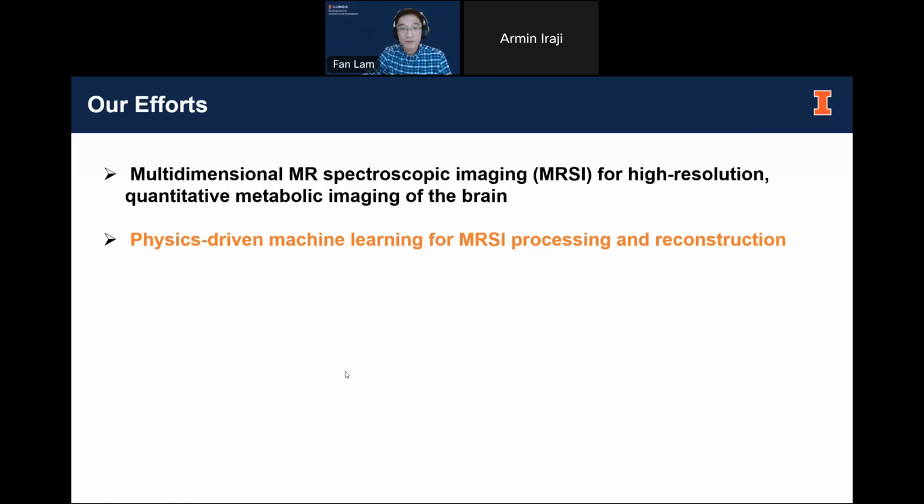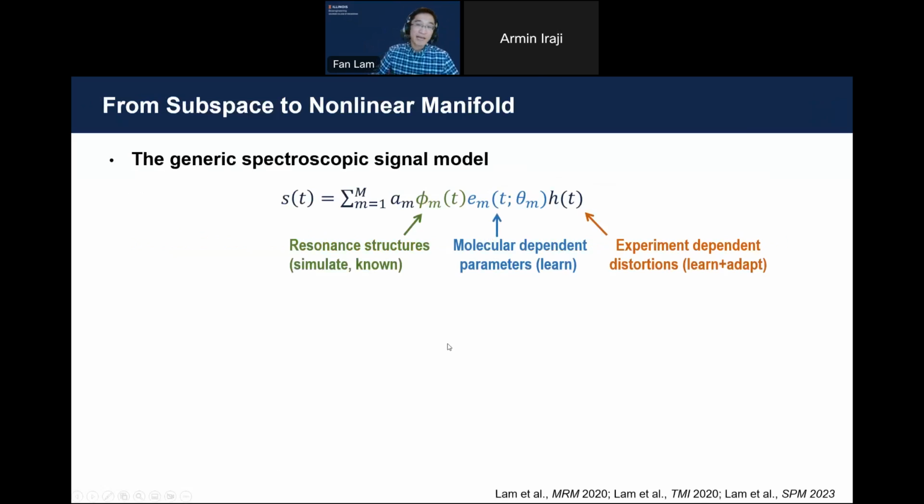The motivation behind this is that if you look at the generic spectroscopy signal model, it can be decomposed into several components, right? Some components can be predicted by physics, some are molecule dependent and captured by only a small number of parameters, and there are some experiment dependent distortions, which also reside in a low dimensional manifold.